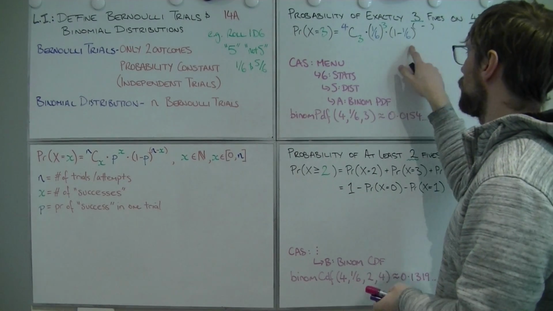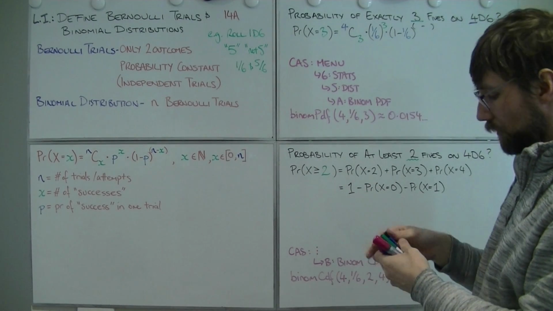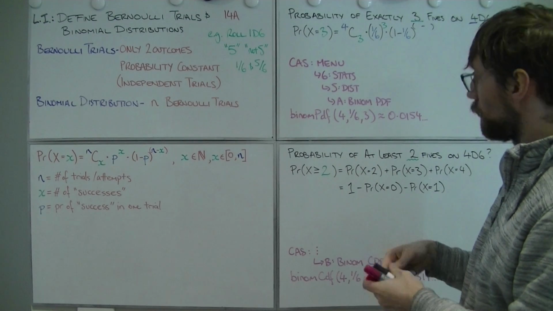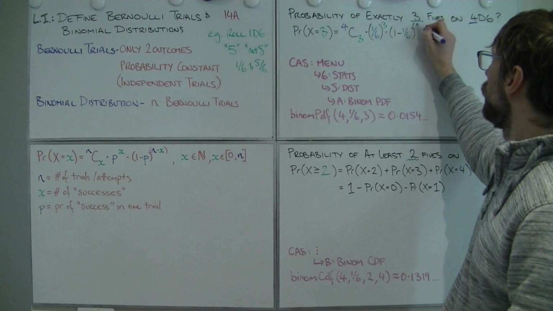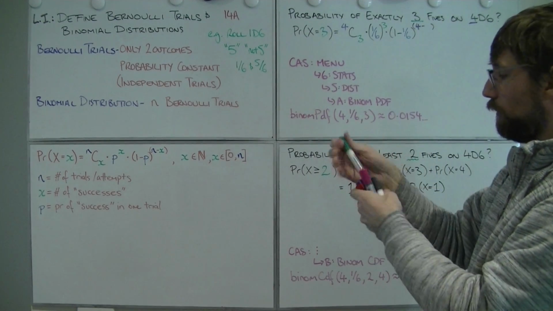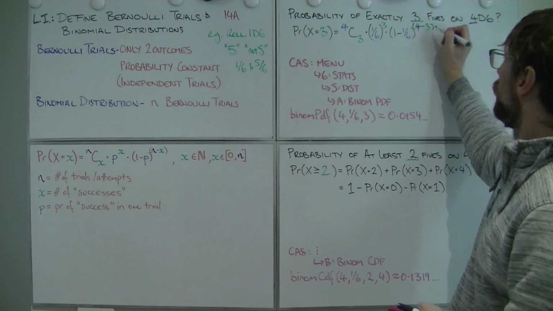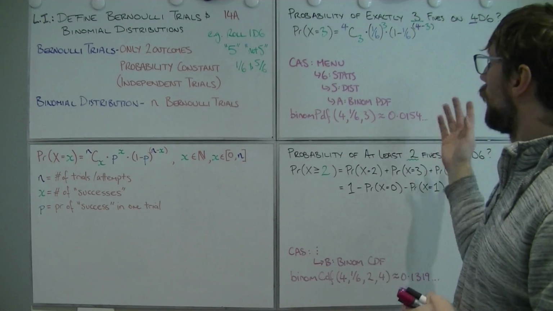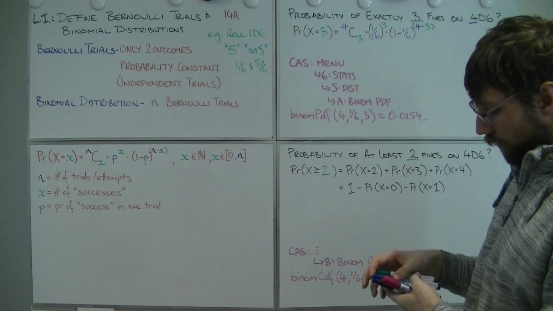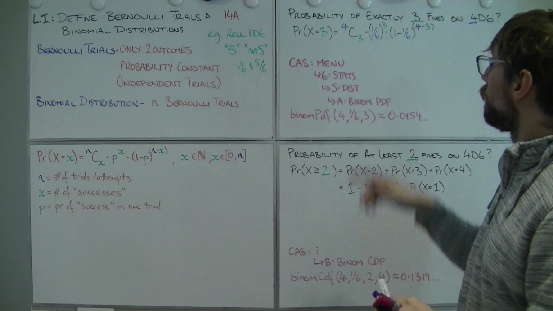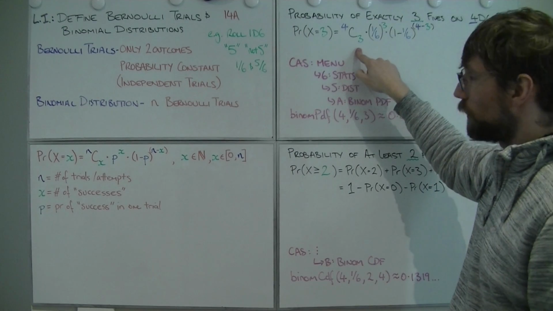So that's the probability that it won't happen. And I need that to happen however many remaining times I've got. So I had 4 in total, minus the 3 successes, gives me 1 time that it has to fail. Okay, great. Well, 4C3, we can go through a calculator and do it that way.